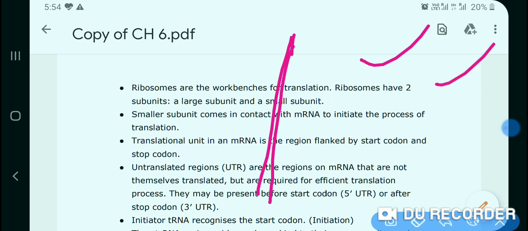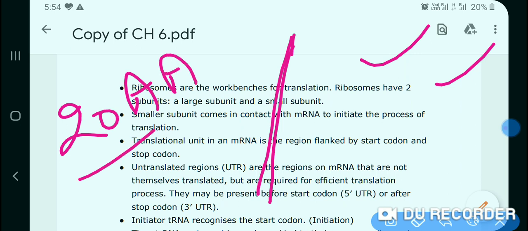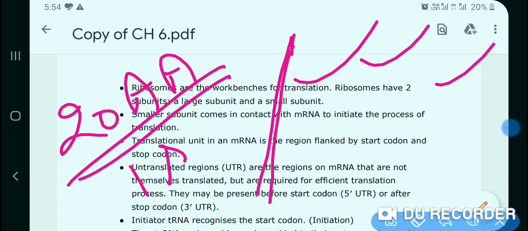The second difference is, in prokaryotes the process of translation is faster, while in eukaryotes it is slower. In prokaryotes, 20 amino acids can bind with peptide bond in 1 second, but in eukaryotes it is very slow. Students, some initiation factors are required for translation.